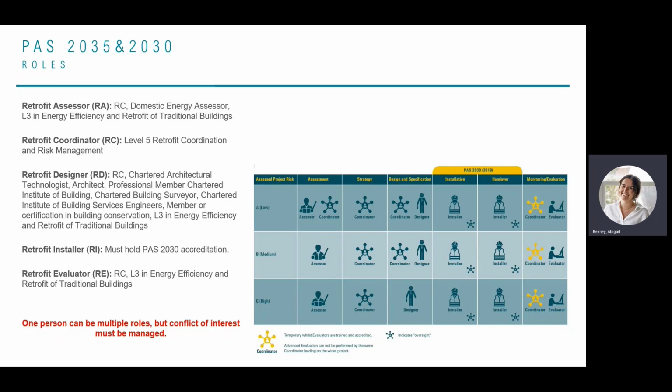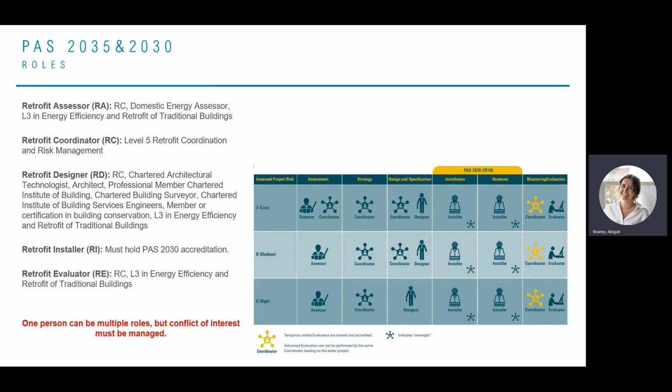The retrofit designer is essentially there to quality assure the proposals that the coordinator is proposing, to make sure that the building isn't going to come to any harm, and to provide a little bit of an oversight piece to the retrofit coordinator. I actually forgot to mention the coordinator has to go through an accredited scheme to get trained. So that's the level 5 retrofit coordination and risk management.